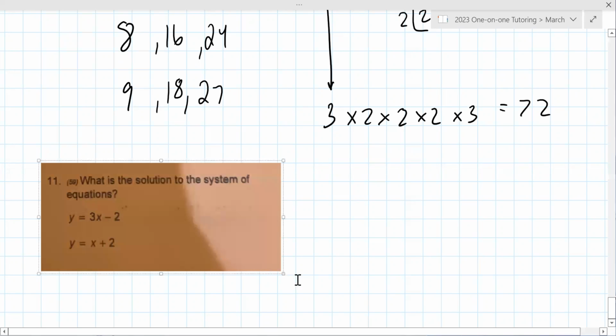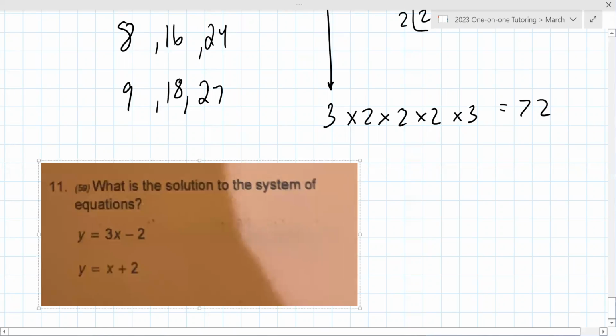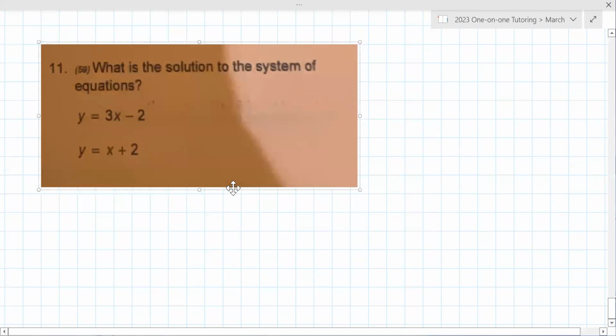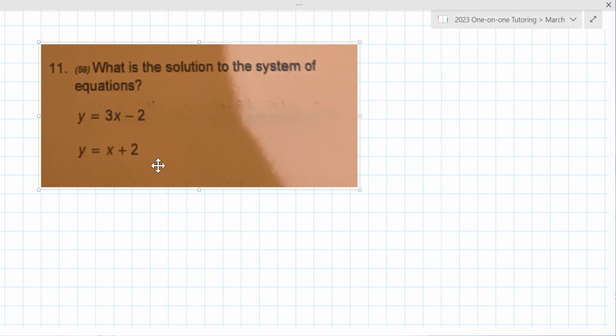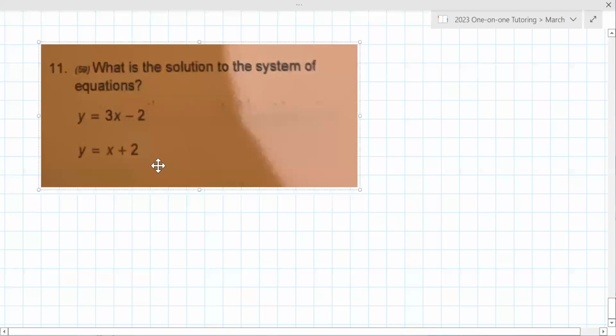There are a couple of ways to solve a system of equations. Did you set them equal to each other or do graphing? Do you remember what you might have done? Since they both have y, you can set them equal.